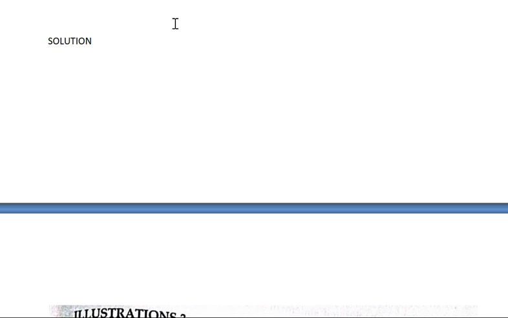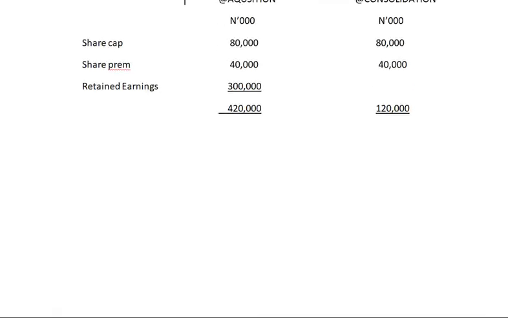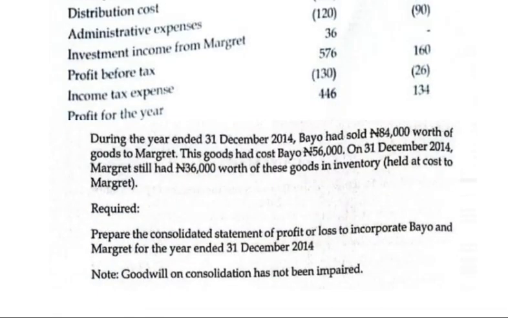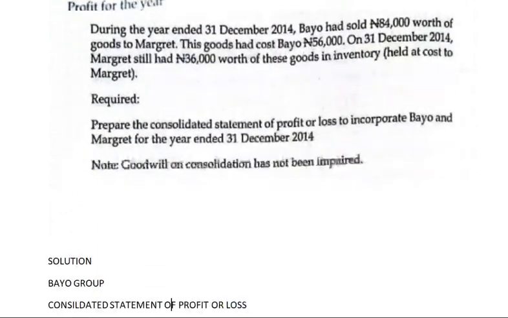Remember, you just write Bayo Group consolidated statement of profit or loss. I like to write it this way, for the period ended 31st. What's the date of this thing? What date are we consolidating? 31st December 2014.